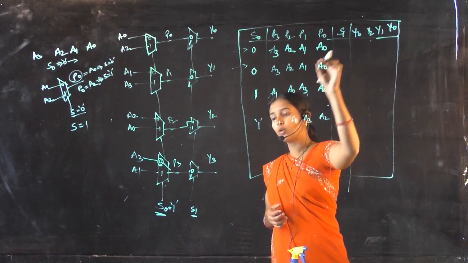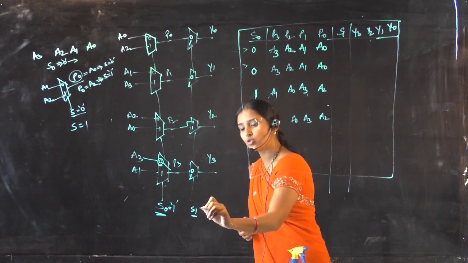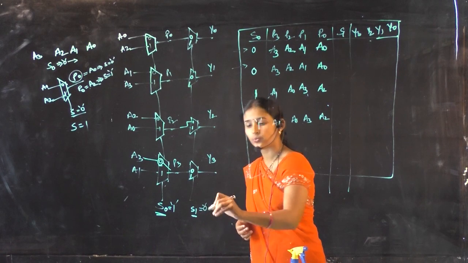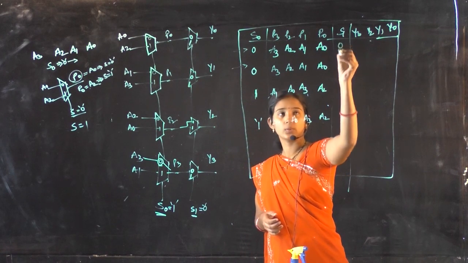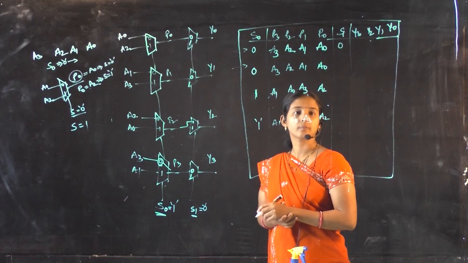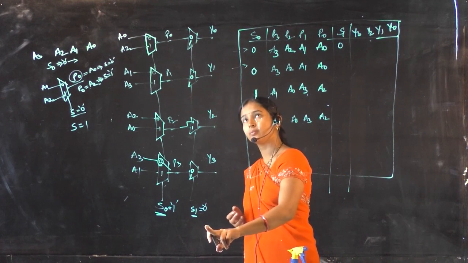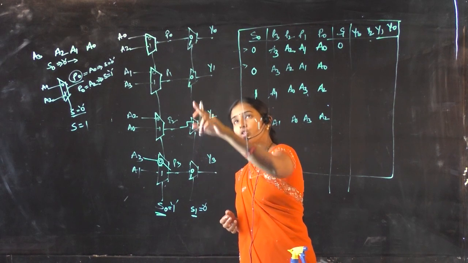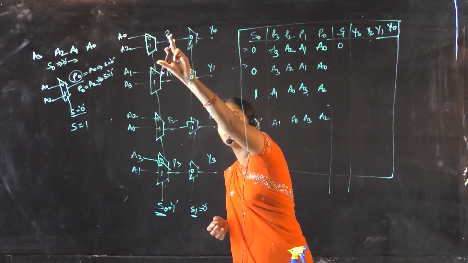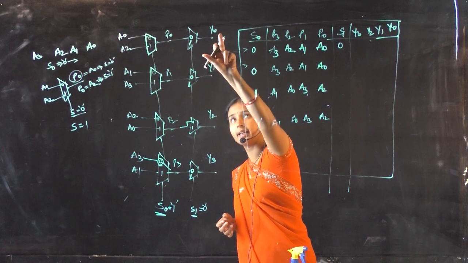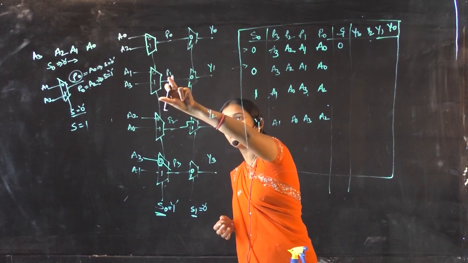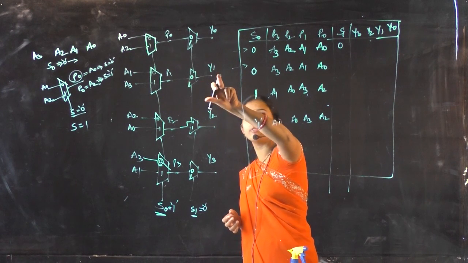Next, if S1 is equivalent to 0, what will happen? All the selection lines are 0, so whatever data is available at P naught, you will be getting at Y naught, and whatever is available at P1, you will be getting at Y1.